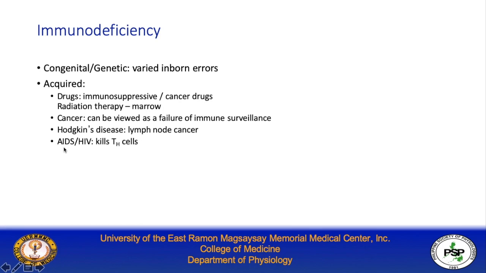So if you may have noted, one of the tests to check for the response to the treatment in HIV/AIDS is to look at the CD4 count, or the number of the CD4 cells.